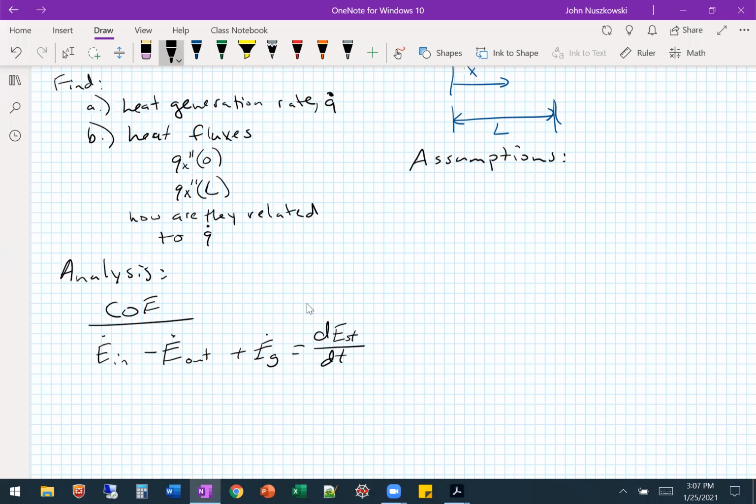all right, what do we have here? Can we cancel anything? We have steady state, so dE storage over dt is 0. Okay. All right, so do we have energy in and energy out?